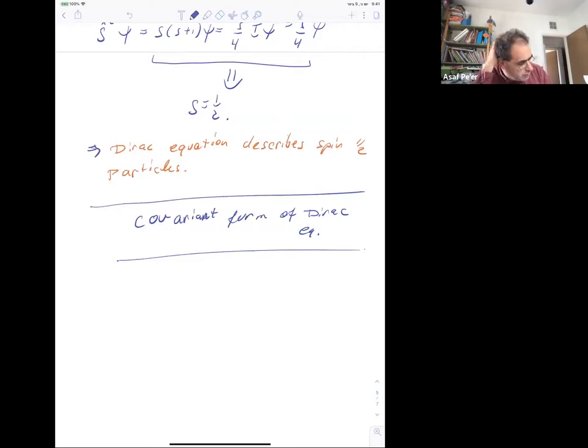So the use of the alpha j and beta matrices is quite useful to speak about the spin and to show what's going on there. But it's better to use a way which is covariant, which means that the form of the equation does not change under Lorentz transformation.